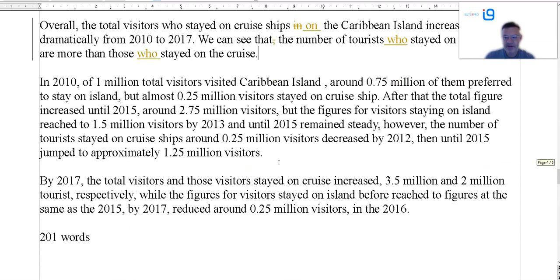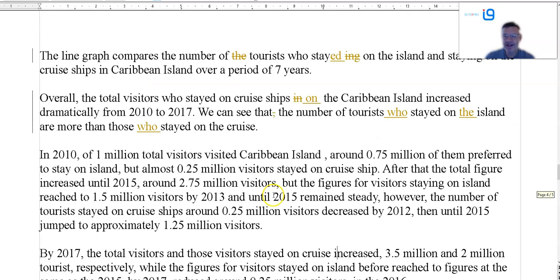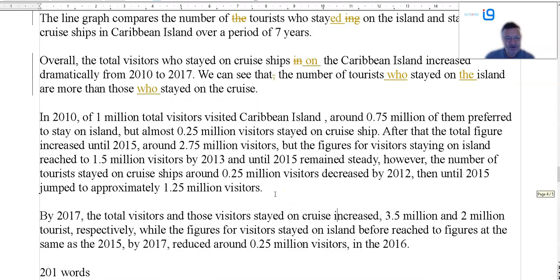So let's have a look at the details now. So again, articles: on the island, on the cruise ship. Tourist stay decrease. Okay, so this isn't too bad. It's not as clear as it could be, but still, this is definitely the best out of the 4.